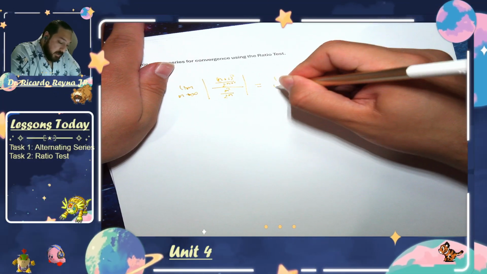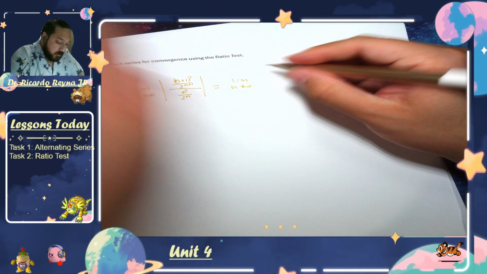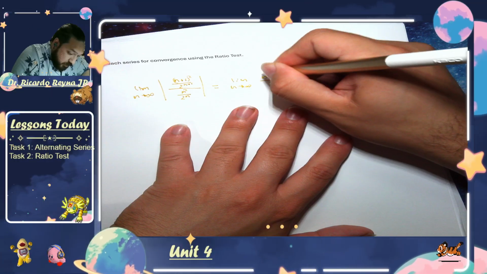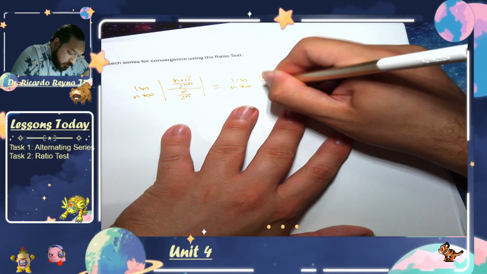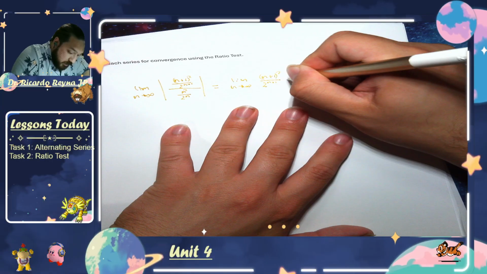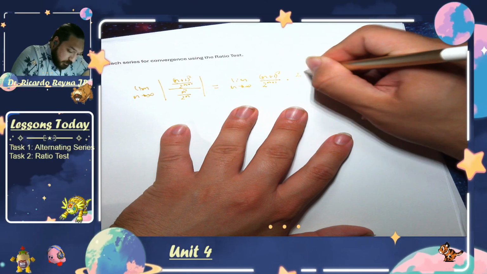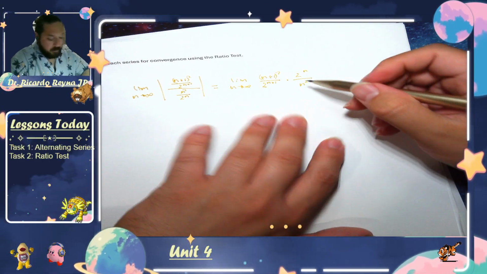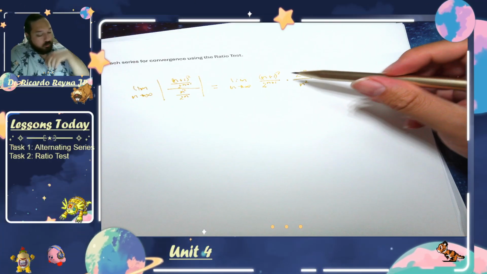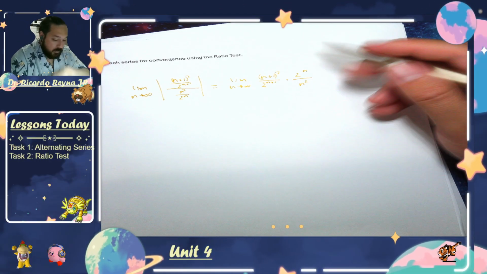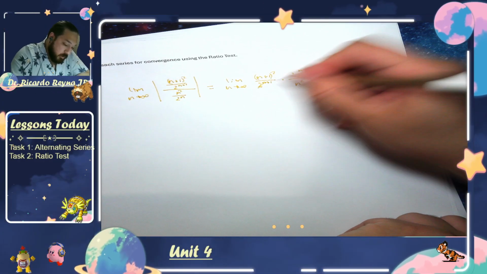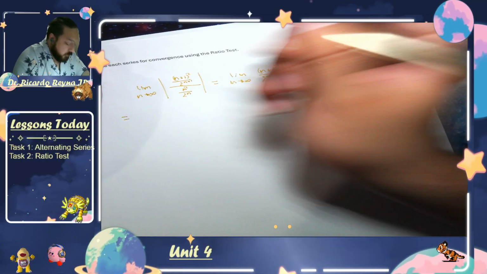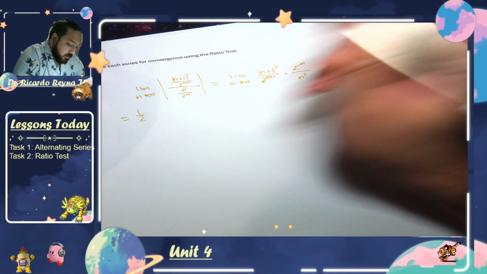And I'm going to go ahead and rewrite this so it's not such an ugly fraction. So we have the limit as n goes to infinity of the following expression, n plus 1 squared over n squared times 2 to the n over 2 to the n plus 1. Okay, so for here, this would cancel out to where you just have a 2 left over on the bottom, so 1/2 would escape.